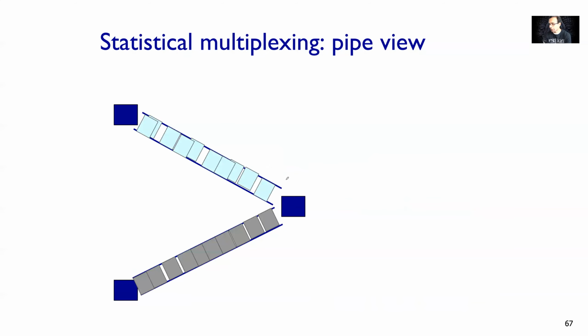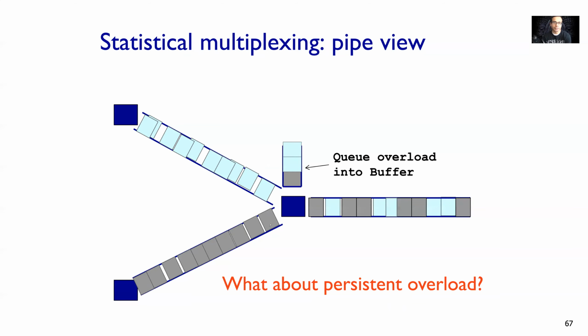But then you might say, okay, what if there's persistent overload? What if you have a scenario like this, where you have a constant flow of incoming packets? Well, this is going to be a problem. This is something that buffers won't be able to solve, because you can store the pending packets in the buffer, but if you just have an unending stream of packets coming in like that, the buffer is going to run out, because you can't have an infinite buffer in a practical scenario.